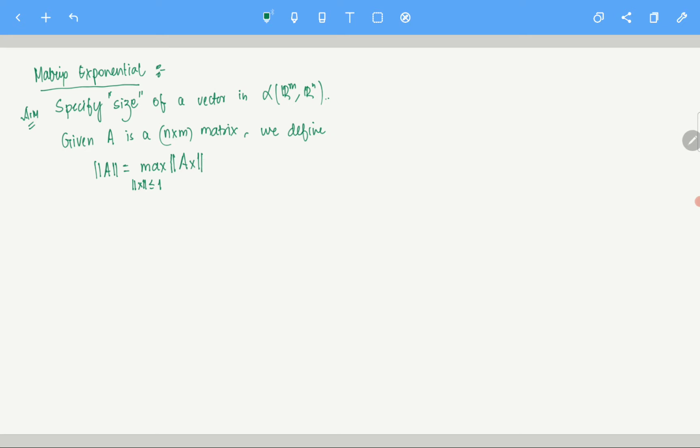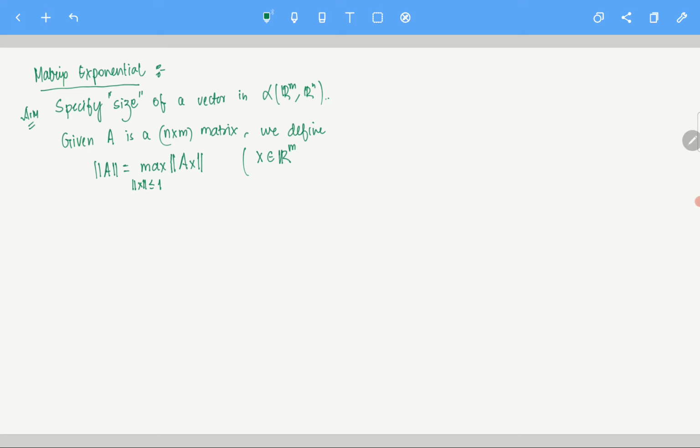So how do I define this thing? Essentially x is a vector, A is an m cross n matrix. So x is a vector in Rm, clear? So basically it is an m cross 1 matrix, if you can think of it like this.